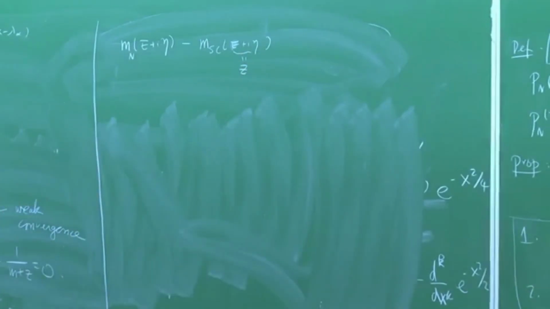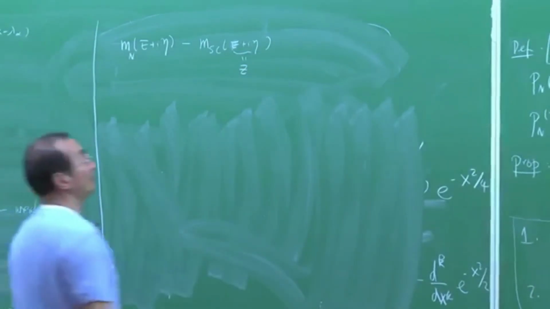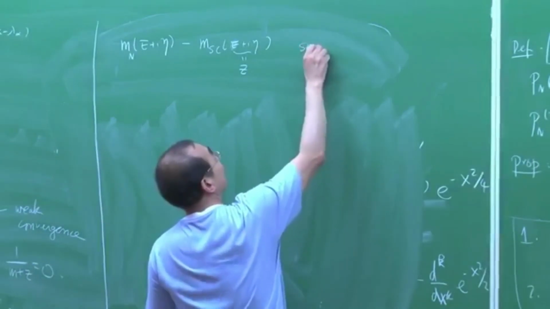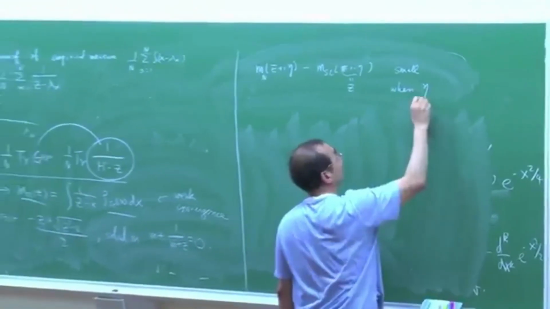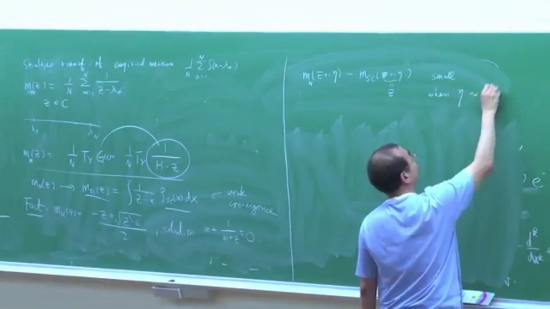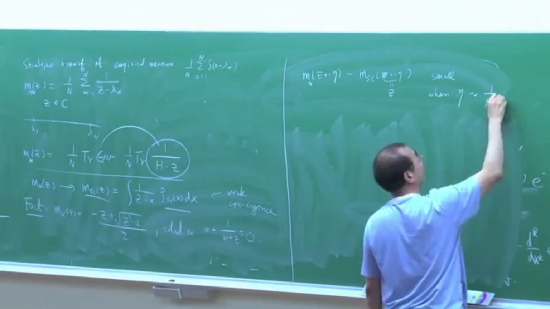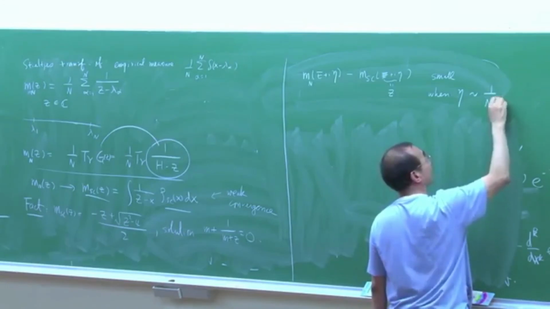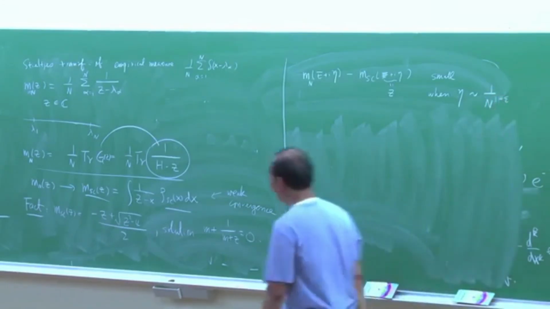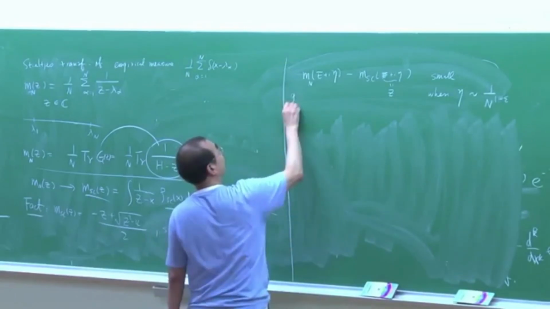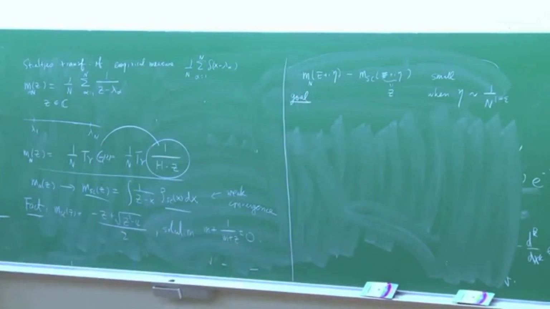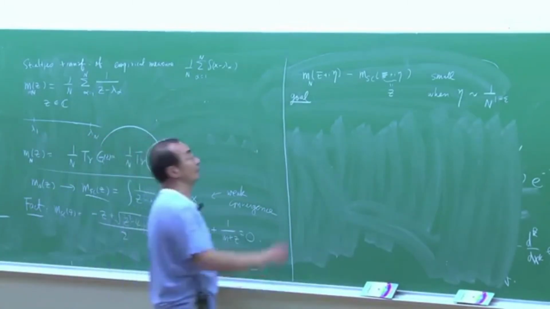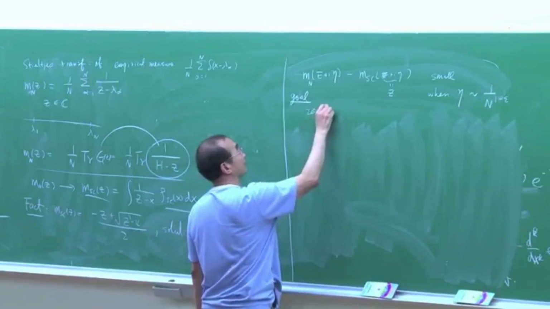We want to say that this one minus m_sc is small when eta is of the size of 1 over n to the power 1 minus epsilon. So this is our goal. This is something we studied. We started this problem around 2007.